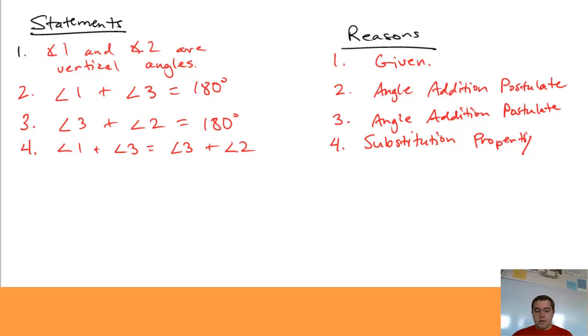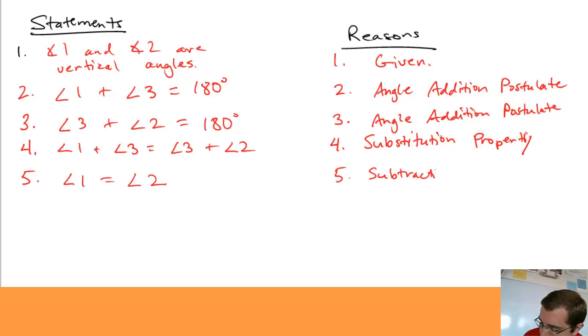If we look at that equation in number 4, angle 1 plus angle 3 equals angle 3 plus angle 2, there's an angle 3 on both sides of the equation. And I know I can always subtract the same thing from both sides of an equation. That means I can write that angle 1 equals angle 2 because I can subtract the same thing from both sides.